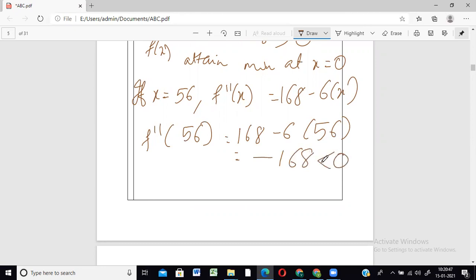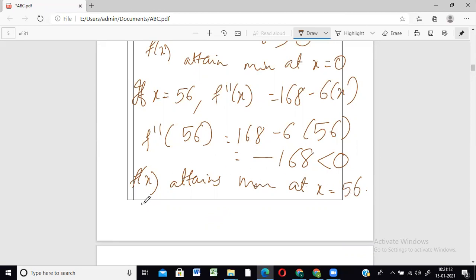So now when f double dash of 56 is less than 0, f of x attains maximum value at x equal to 56. Yes, this is correct because initially in the product also they said that the product has to be maximum, correct? So x equal to 56, this value we can accept.